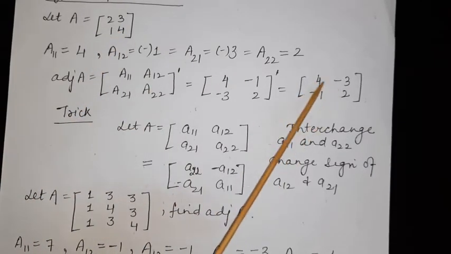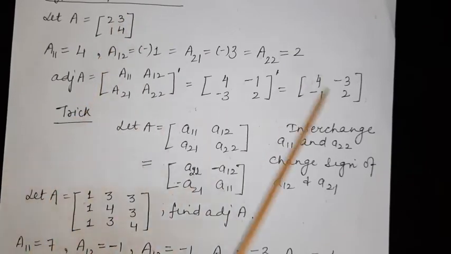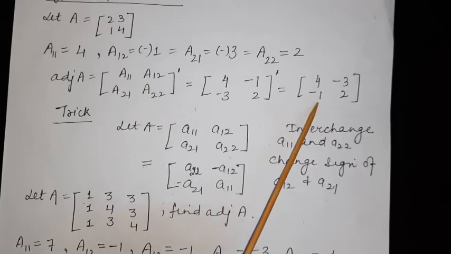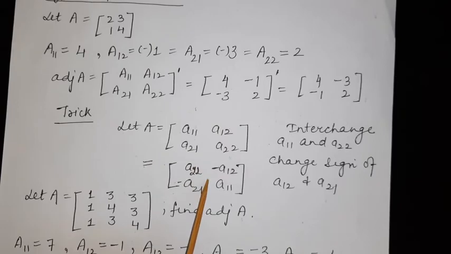Yes, we have interchanged diagonal elements, and the signs of non-diagonal elements are changed. So this is a shortcut method, but it can be applied only to a matrix of order 2 by 2. We can't apply this shortcut method to a matrix of order 3.